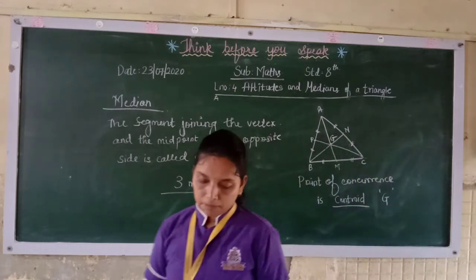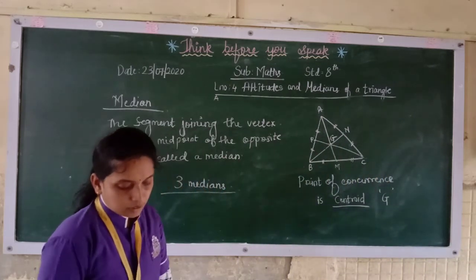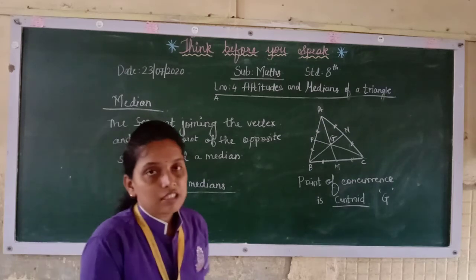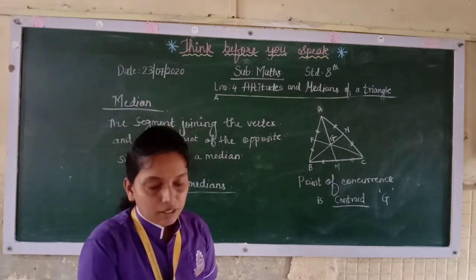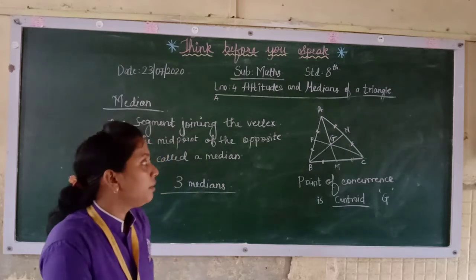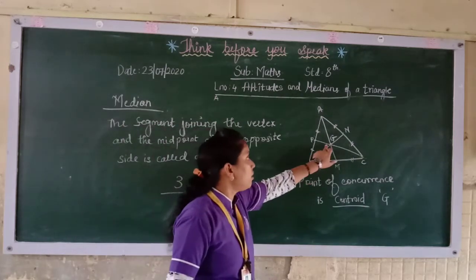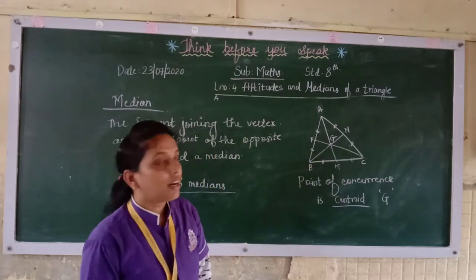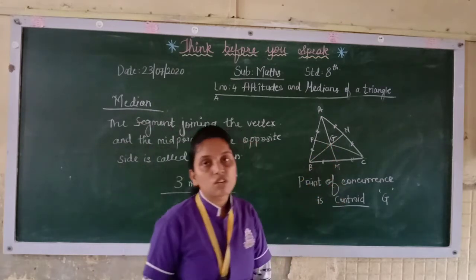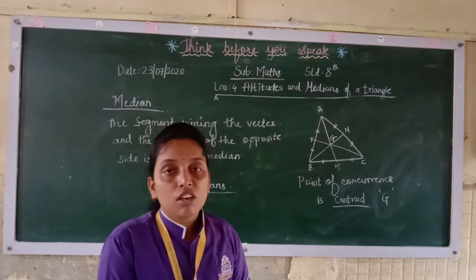So remember, a triangle has 3 medians, and the medians of the triangle are concurrent, means they meet at a single point here at the center. If you see, they meet at one point. That point is denoted by the letter G, and it is known as a centroid.